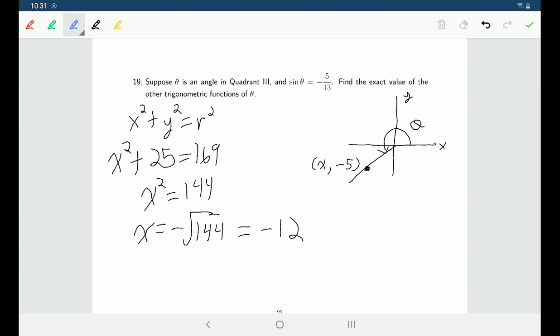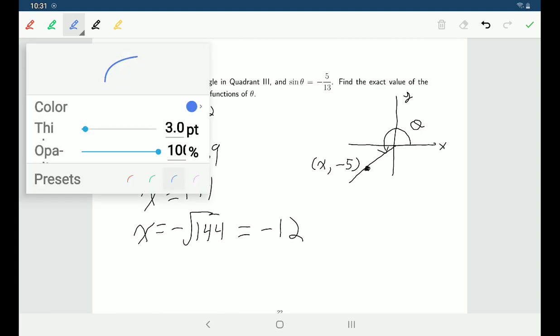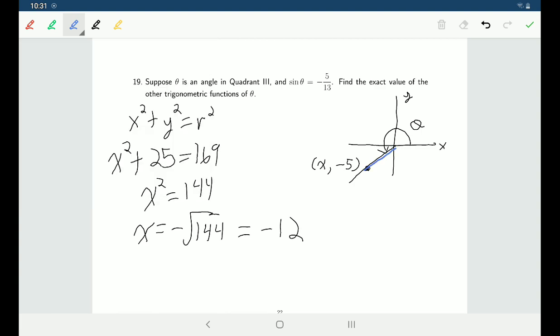And I know that my y value has to be negative 5, since sine of theta is y over r. And remember what r is. R is the length from the origin to that point that I've picked. So r, because it's a length, is going to be a positive number. That means that y must be the negative number. That's how I know y is negative 5.